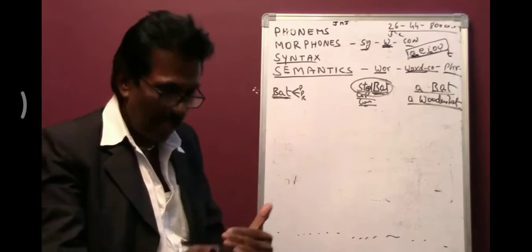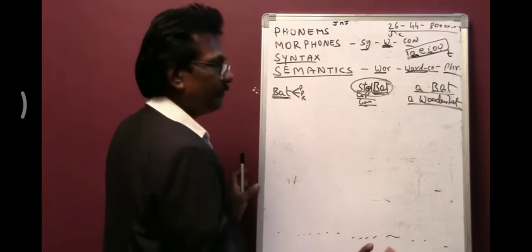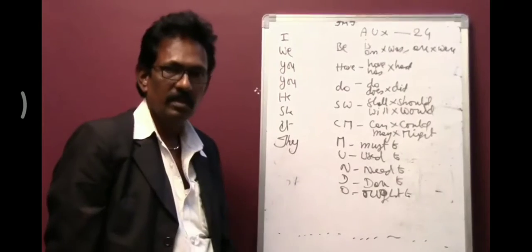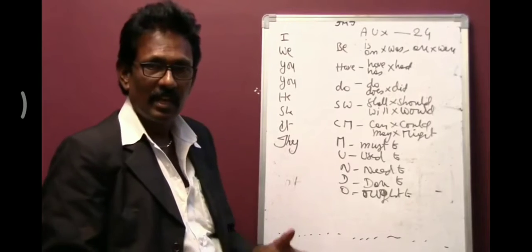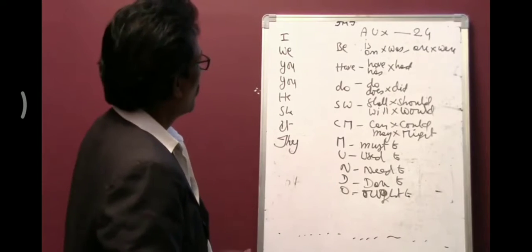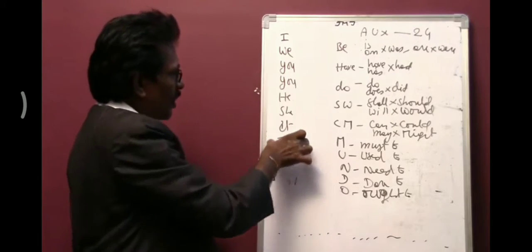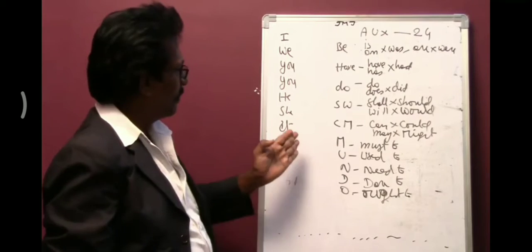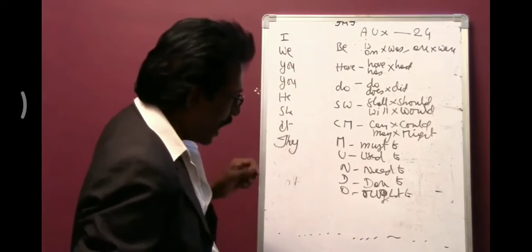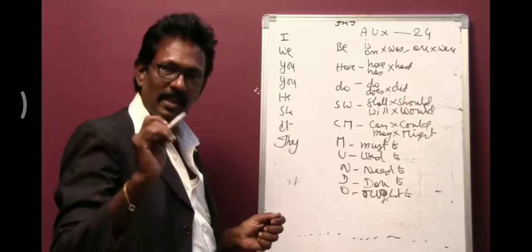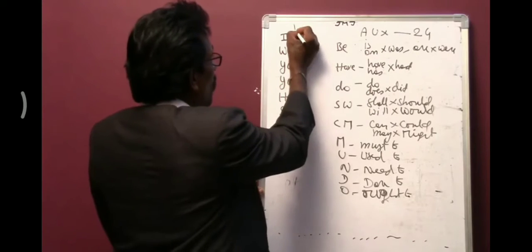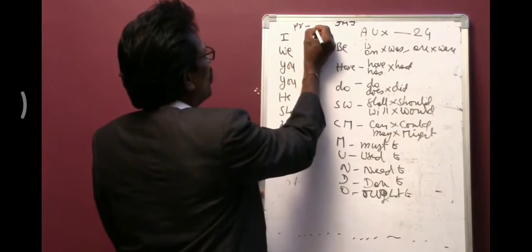Now let us go to the next introduction. Dear friends, one more introduction before getting into the spoken English classes. Now these are nouns. Noun is the name of a person, place or thing. Here, pronoun.